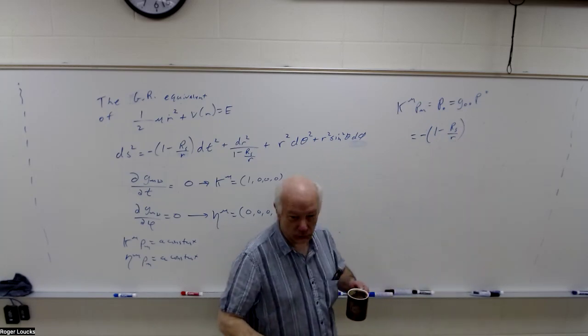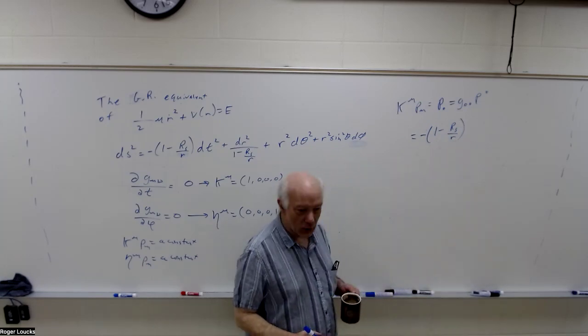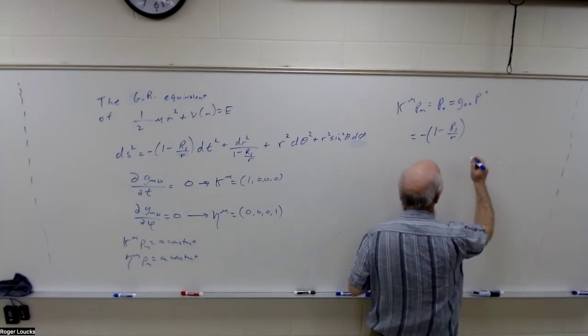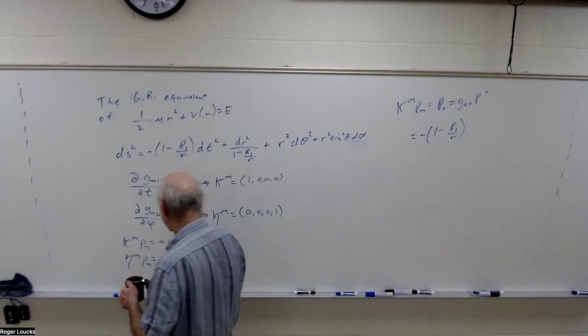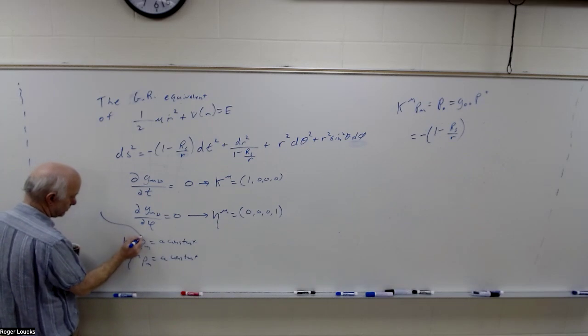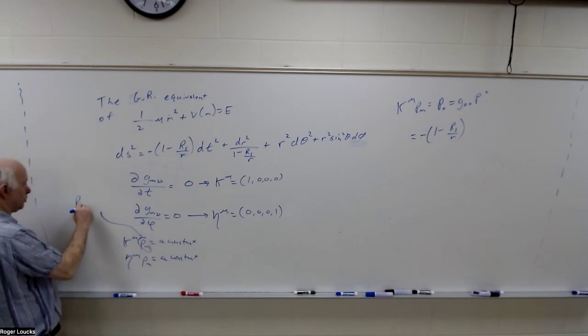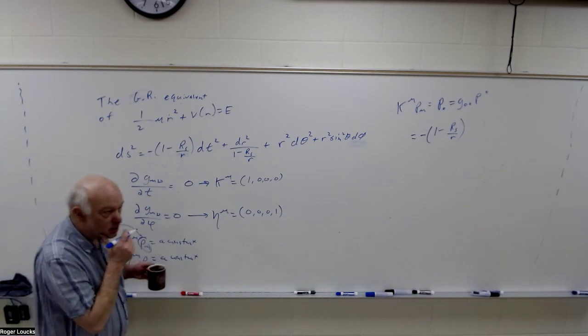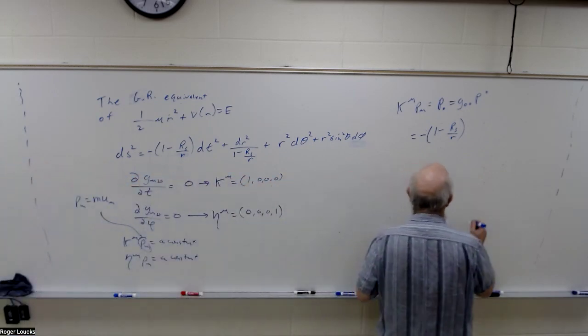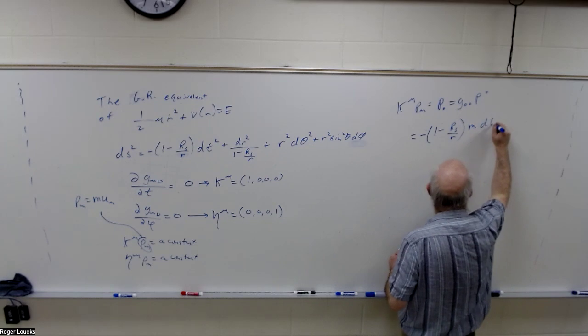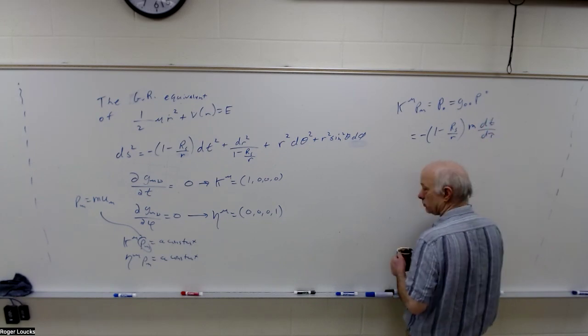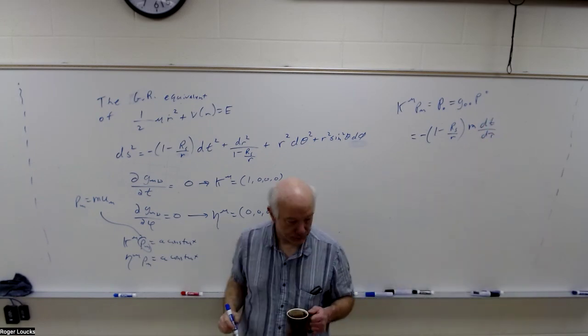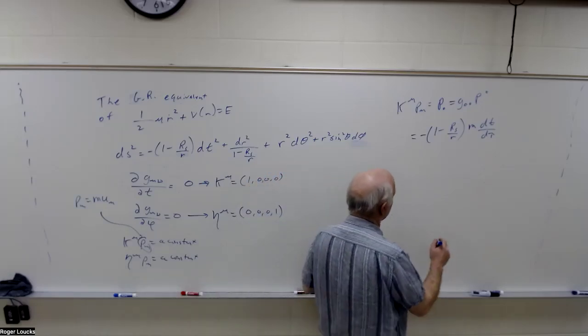And what is P0? Remember our P mu is going to be m U mu, so this one is going to be m dt d tau. And we know that this is a constant.